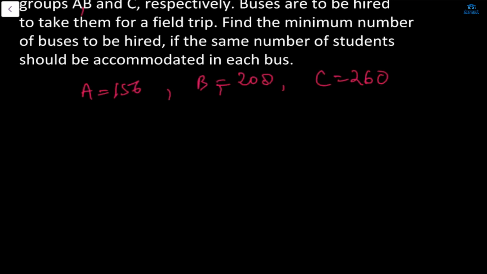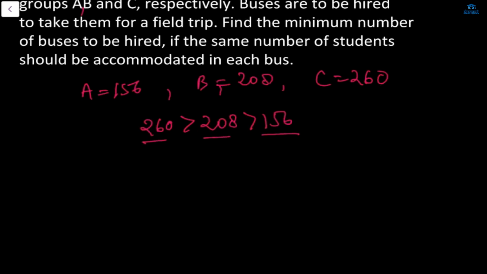We'll do this sum. Have you found the HCF? We have to find it separately, the normal way. Which one is the greatest? 260 is the greatest, then 208, and then 156. First you divide 260 by 208, then whatever number you get, you use with 156.